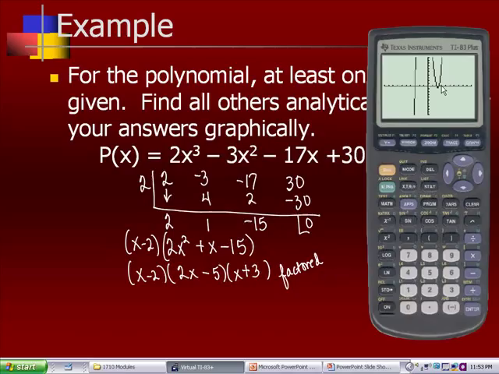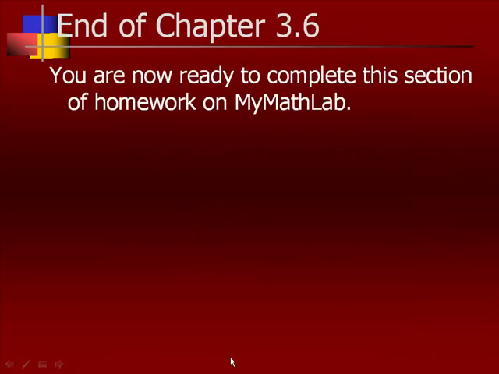We're going to see that they cross at x minus 2 means it crosses at 2. 2x minus 5 means it crosses at 5/2 or 2.5. x plus 3 means it crosses at -3. Now you're ready to complete this section of homework on My Math Lab.